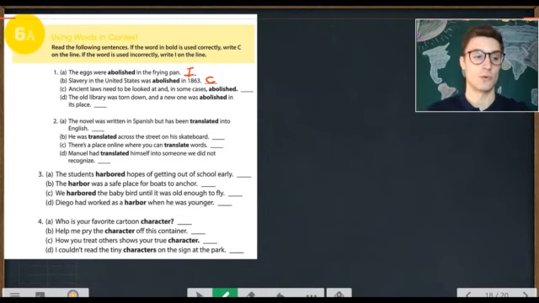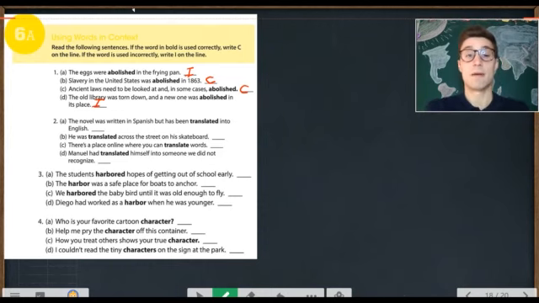Ancient laws. Can a law be abolished? Correct, yes. D. The old library was torn down and a new one was abolished in its place. No, that one is not correct.